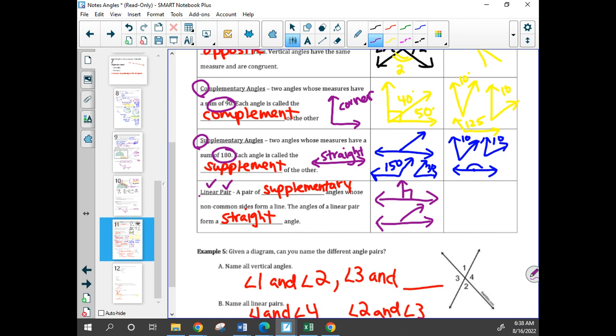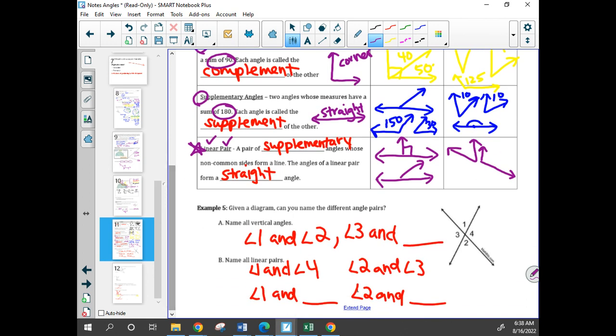If they're not touching, then you know what? You don't have a linear pair. They have to be touching, and it has to be a pair of angles. It has to make a line for you. So again, not touching, not good enough for us. Okay, so just be careful. This one's particular, but it is used even more than supplementary a lot of the times.